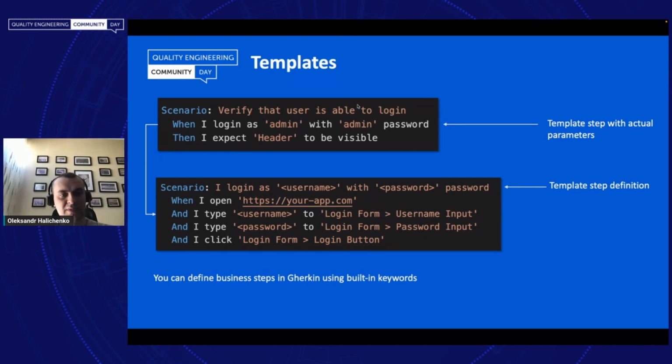It's a Gherkin scenario, as you can see in the example below. It's a scenario called template. And it's also possible to provide parameters to this template and execute some other Qava JS steps or even other templates.